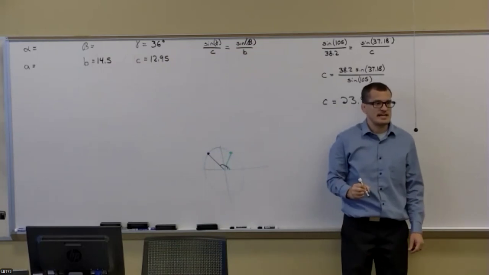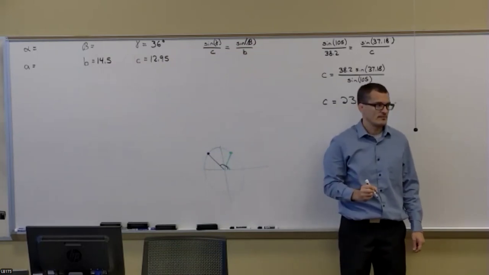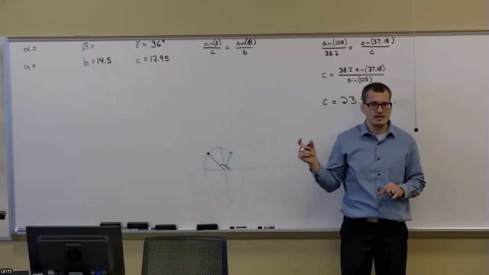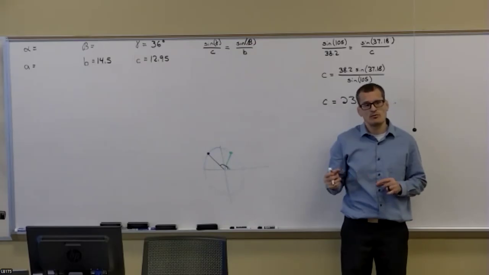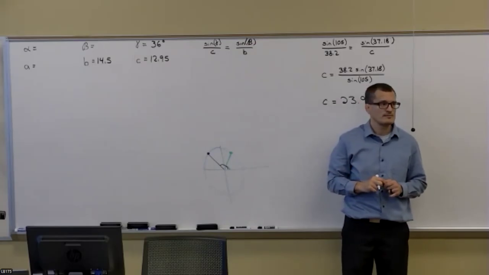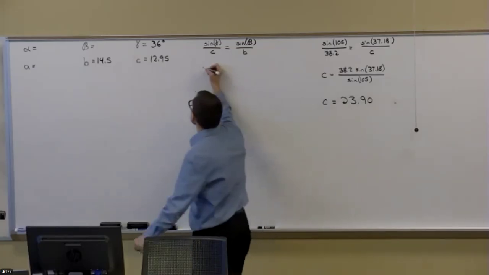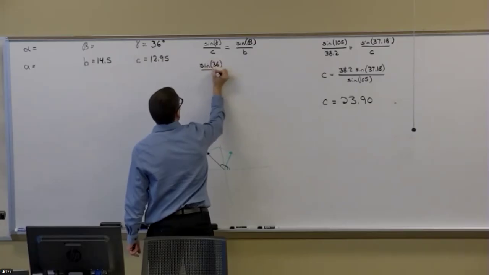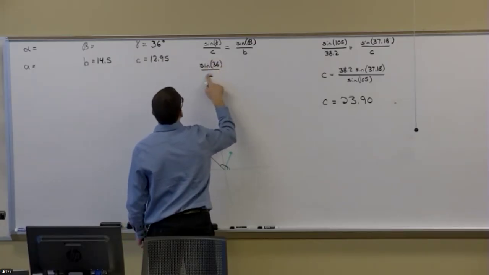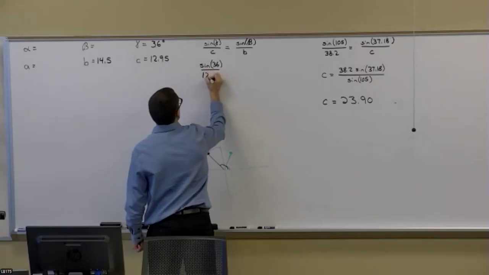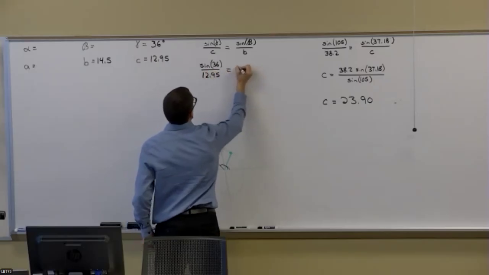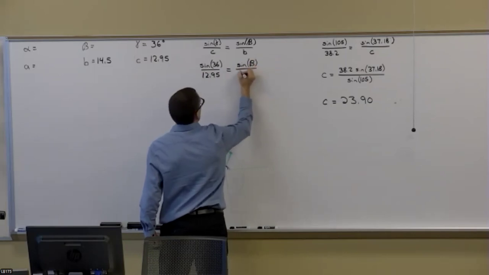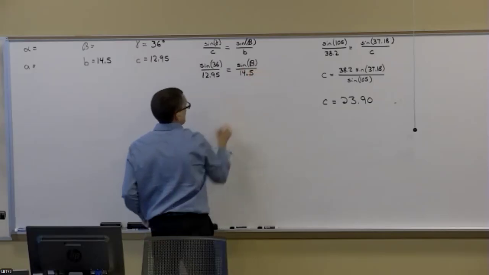Sine gamma over C is equal to sine beta over B. Again, it doesn't matter which order you write that in, whether the beta and B are on the left or on the right. So we have sine of 36 divided by C of 12.95 is sine of beta, don't know beta yet, divided by 14.5, that's B.